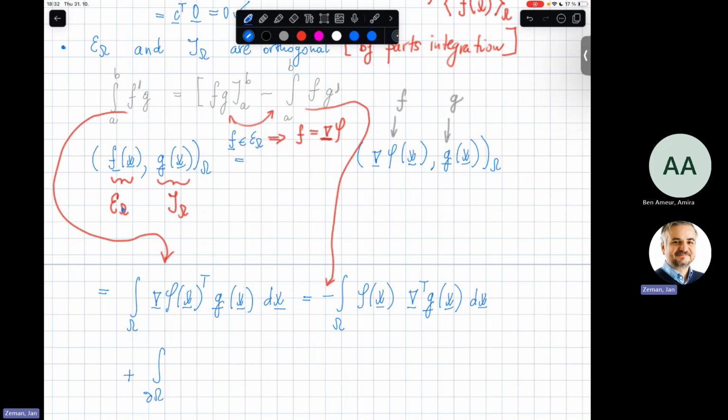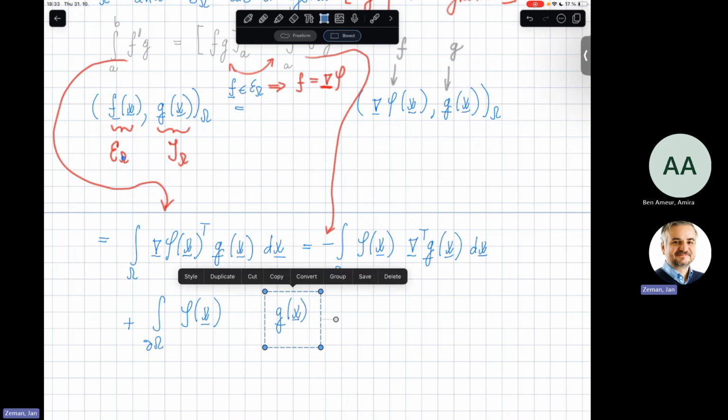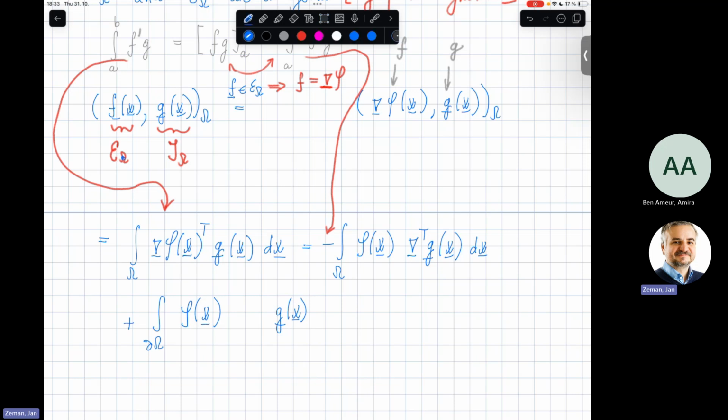In the boundary integral, I will have the following expression: this phi of x, then this g of x in here, pre-multiplied by this n transpose as a function of x.